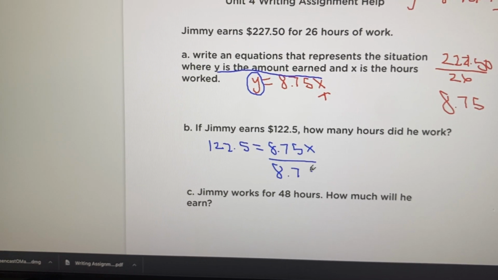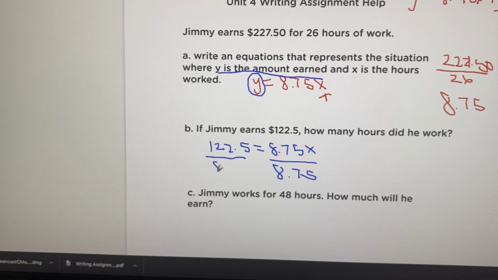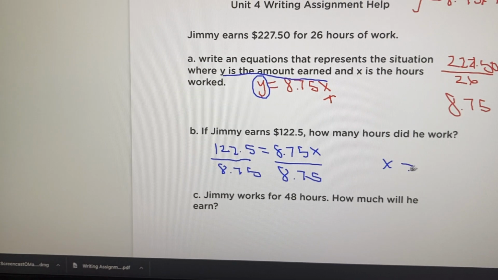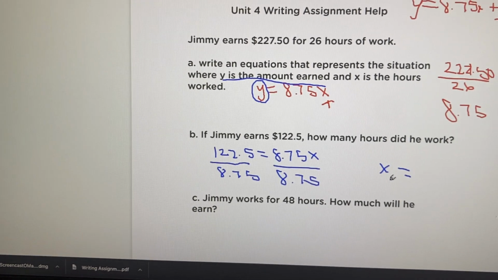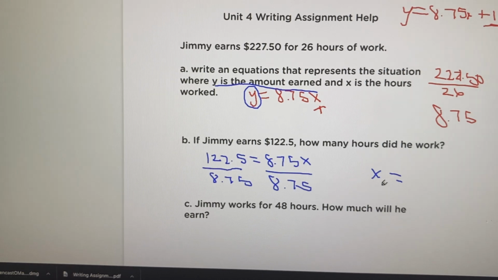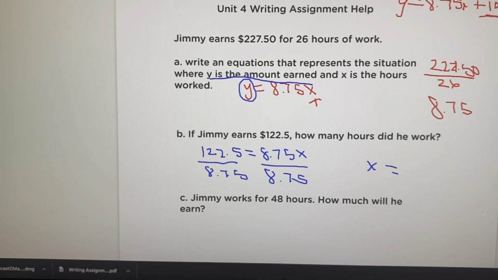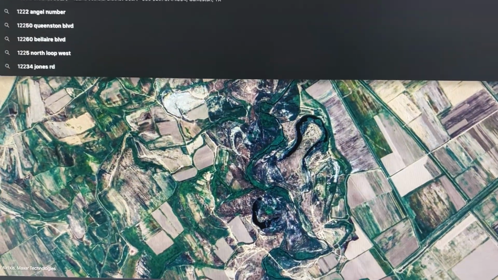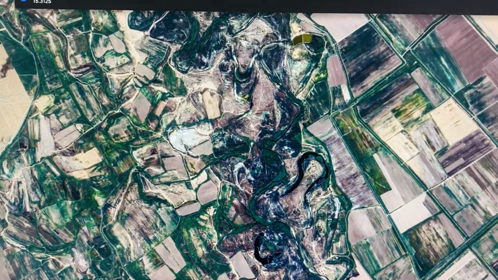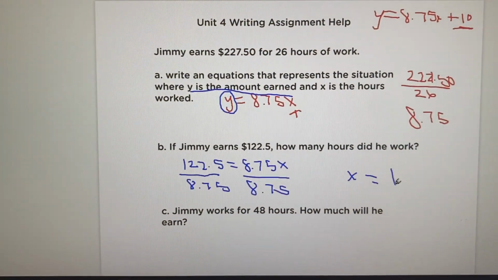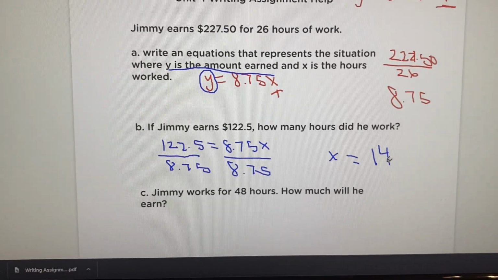So all I'm going to do is divide by 8.75, and that's going to tell me that he has worked 14 hours. Okay, so that means Jimmy worked 14 hours.